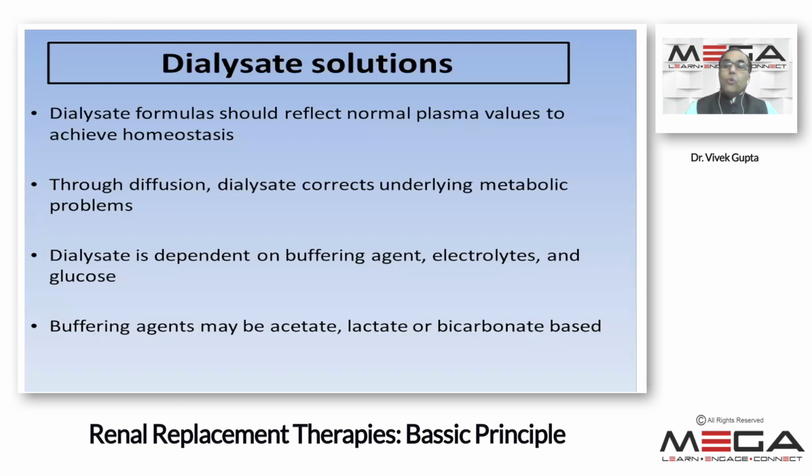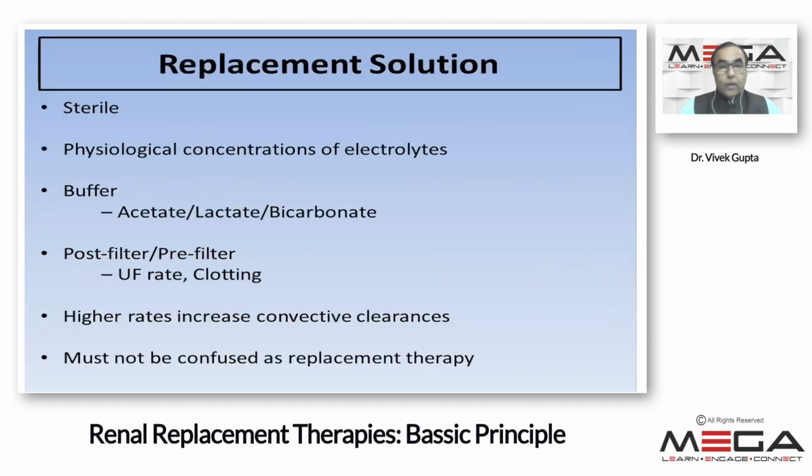So whatever you want to increase in the blood, you give in a higher concentration in the dialysate, and whatever you want to take out, you keep in a lower concentration. So if your patient has hyperkalemia, you use a low potassium dialysate solution. If you want to improve the bicarbonate, you use a high bicarbonate solution. This is how you correct these electrolytes or buffering agents using the dialysate solution.